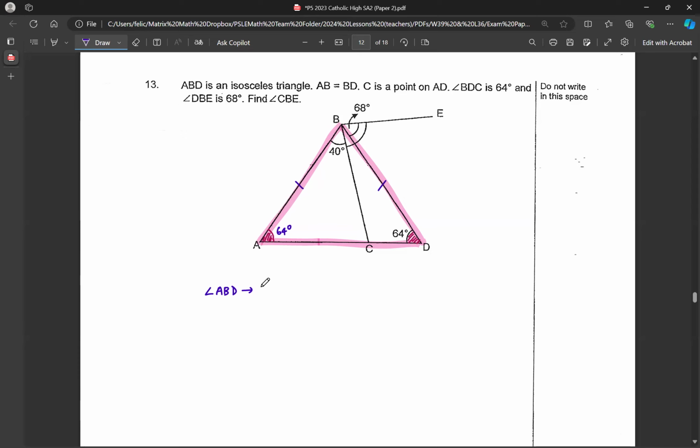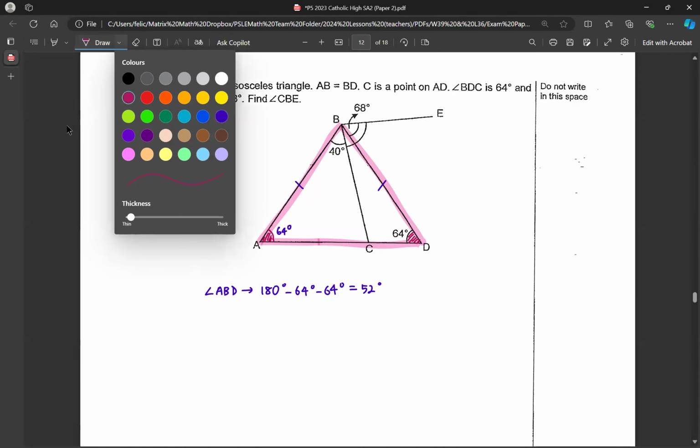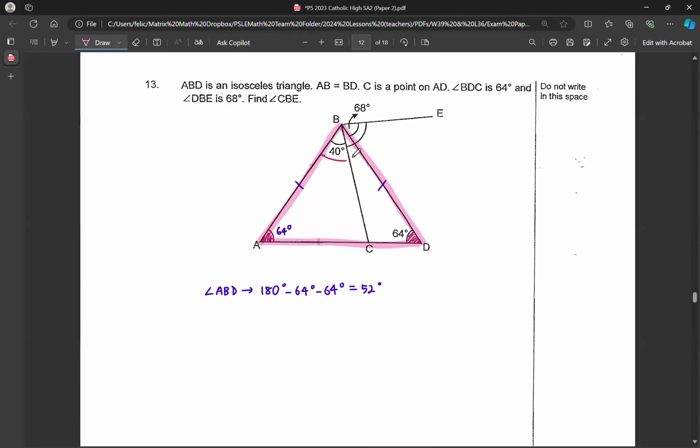Remember, angles in a triangle add up to 180. So 180 minus the two corners. So this is 52 degrees. So ABD is 52.